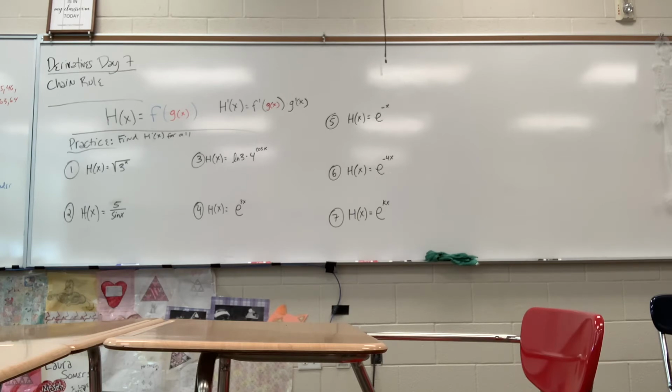Wait, so like you have to find the prime of this first thing. Okay, so this is what you got. Put the x in one minus negative. That is what you got. Oh, there's no square root, because it's the square root of nine.